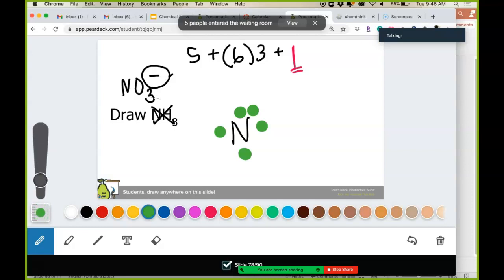Okay. Oxygens. I'm going to put by the lone electrons, right? Oxygen, oxygen, oxygen. Now, I'll do those in pink, okay? Oxygen has 6 valence electrons.